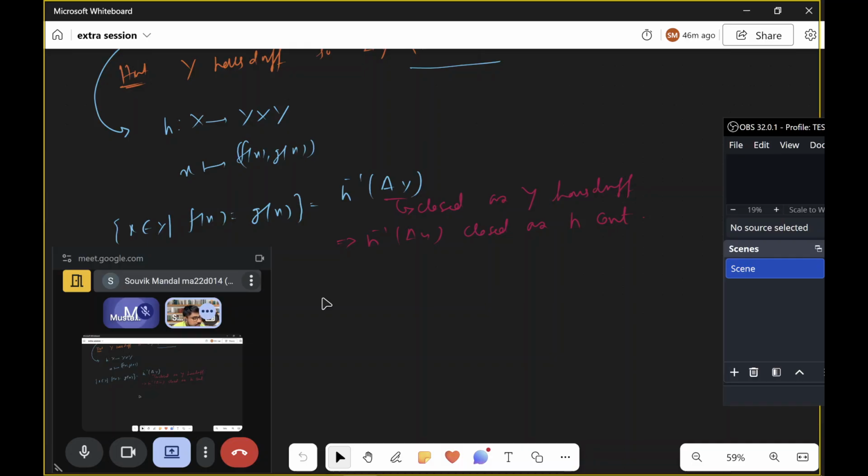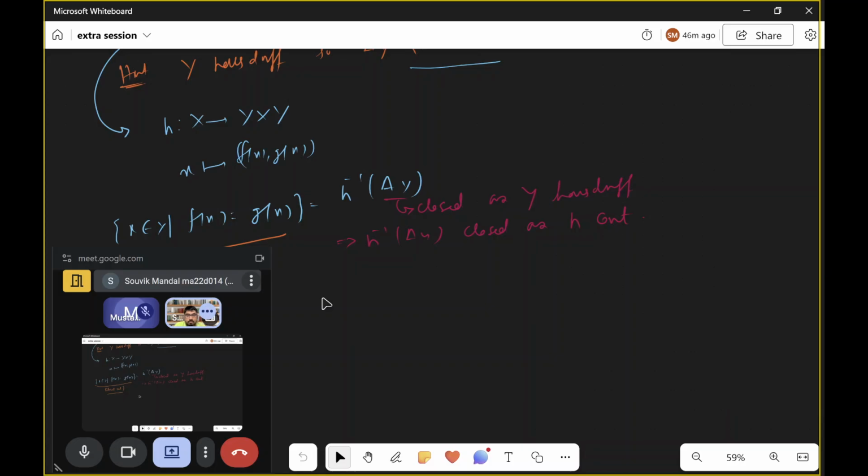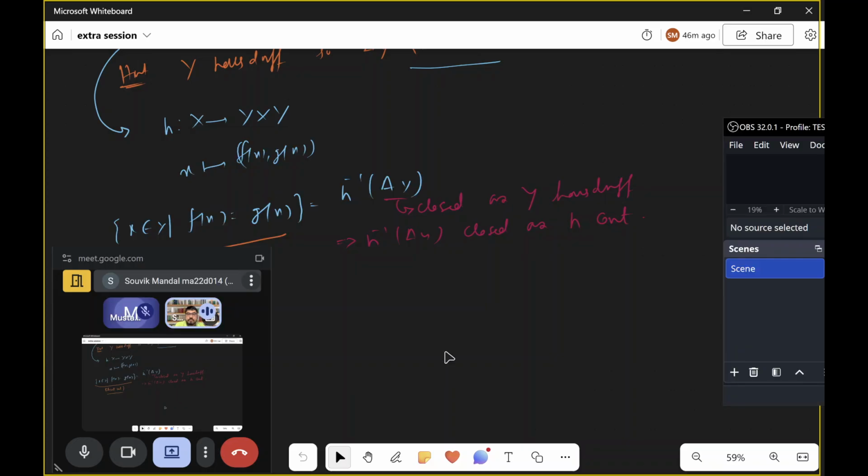So our given set is a closed set. Is that clear? Please let me know.